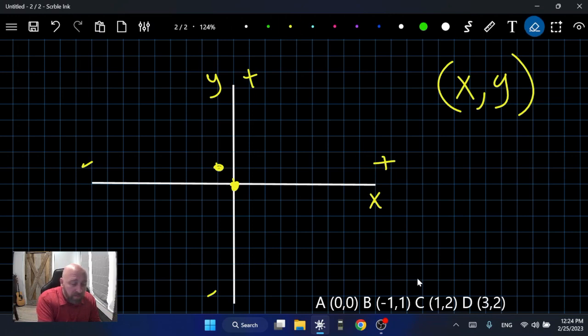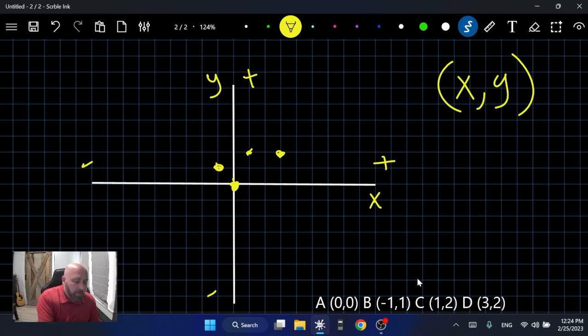Then C is going to be 1, 2. So 1 over, because that's positive on the X, and then we go 2 up. There is our next point right there. Then the next point is D, 3, 2. We go over 3, 1, 2, 3, and then up 2, 1, 2. There is our fourth point for our polygon.